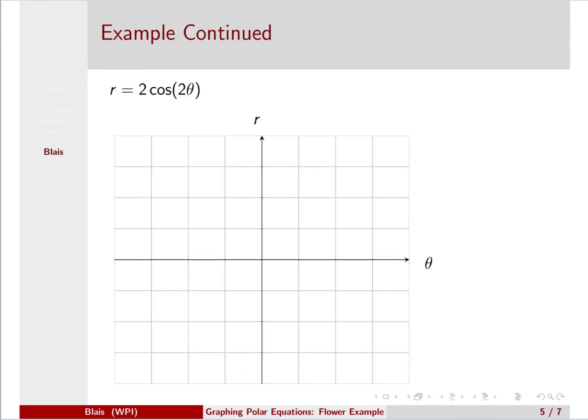So let's work on our graph r equals 2 times cosine of 2 theta. So first of all, let's think about the graph of r equals cosine of theta. And let's work on the interval 0 to 2 pi.